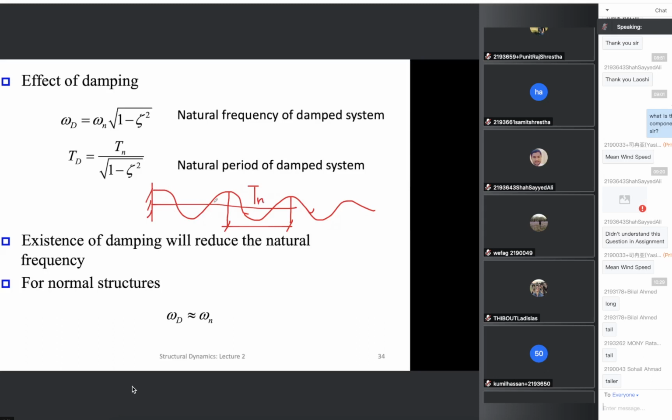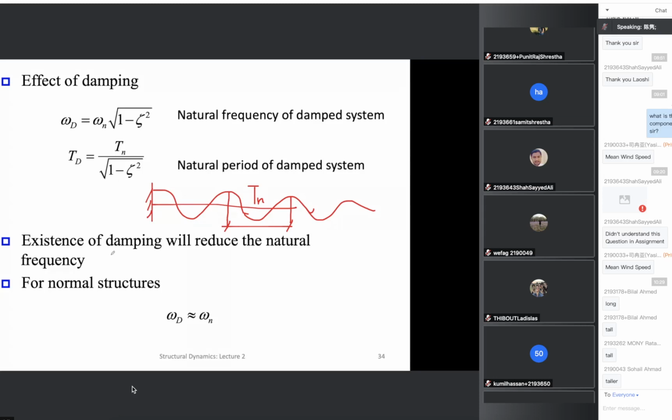If you measure the free vibration curve of a lightly damped system, due to an initial displacement, you have one peak here and one peak here. The time between these two peaks is Tn or Td? It is Td. For a real structure it is Td because damping is there.